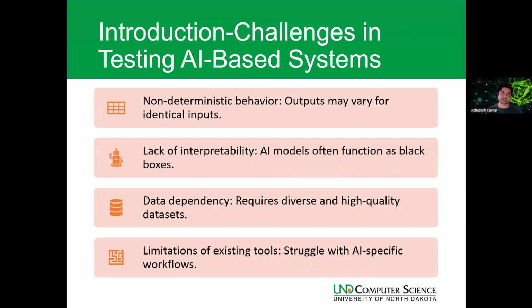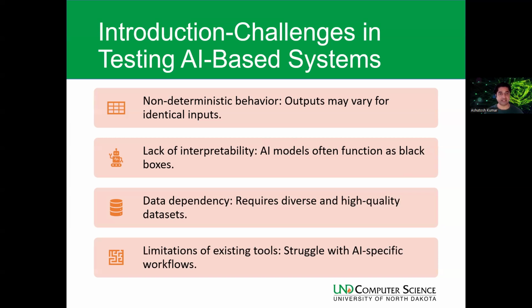So there are challenges in testing AI-based systems. They present unique challenges. For instance, non-deterministic behavior, which means that the same input might produce different results, making traditional deterministic testing ineffective.